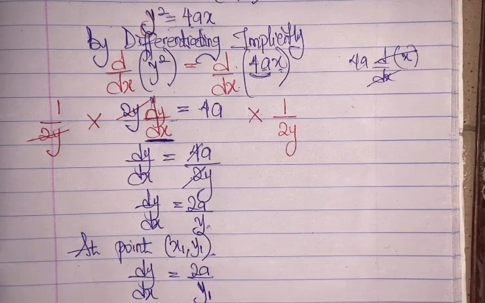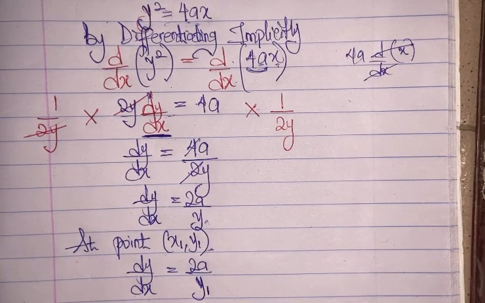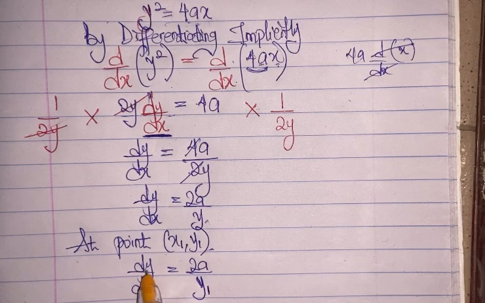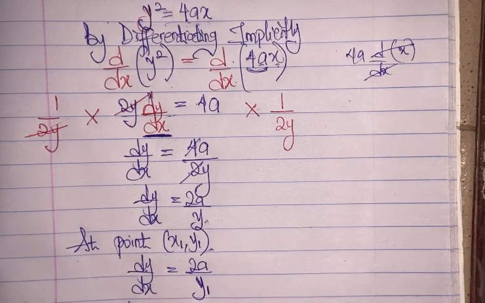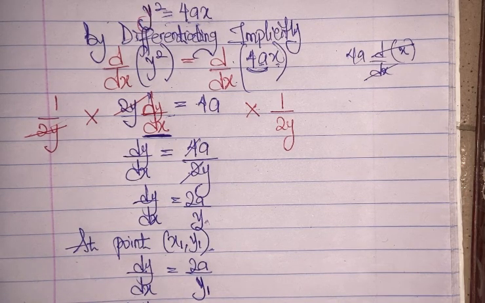So now, what would the equation of the tangent at point x1, y1 look like using dy/dx? We are saying that this should be y minus y1 over x minus x1. You should know the equation of a slope at one point, right?